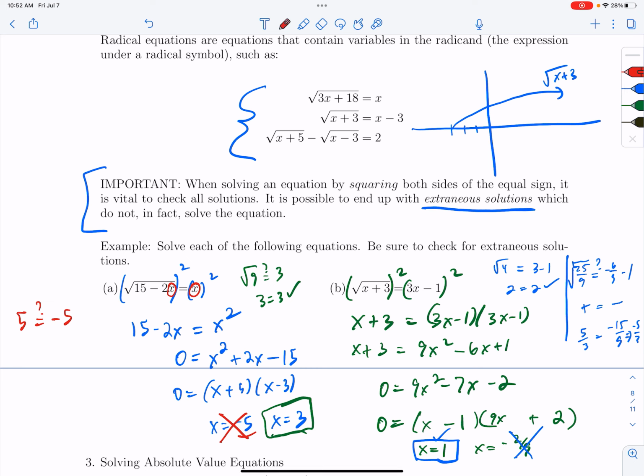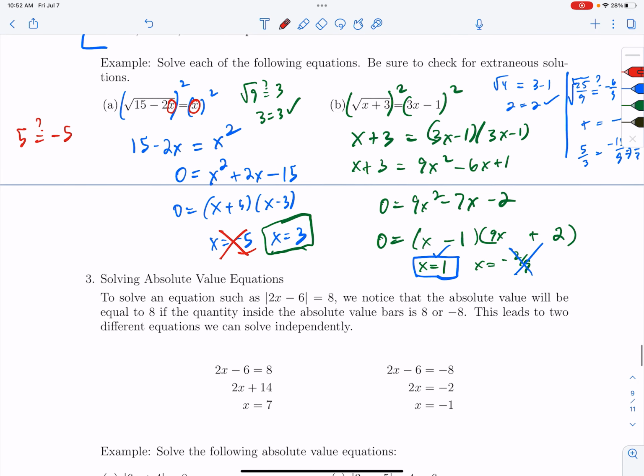If I graph 3x minus 1, well, that is a line with a slope of 3 and y-intercept of negative 1. So if I look at these graphs, there's only one position where these intersect, and that's at 1. So that's another way we can verify that there's only one solution. There's only one place that these two graphs intersect.